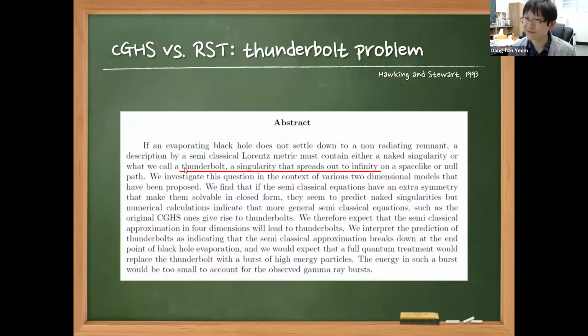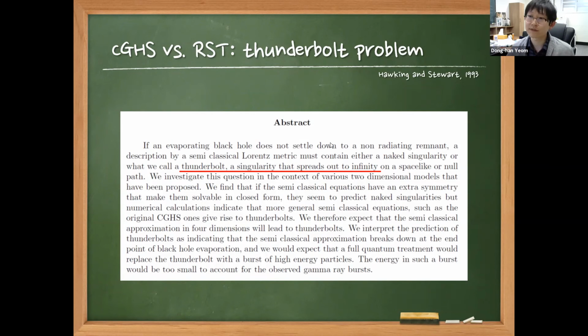So the name is very surprising, but thunderbolt means a singularity that spreads out to infinity on a space-like or null path. So originally, the RST model seemed to say that there is a thunderbolt-like singularity.